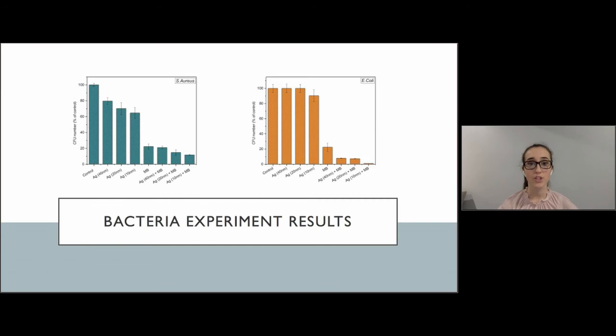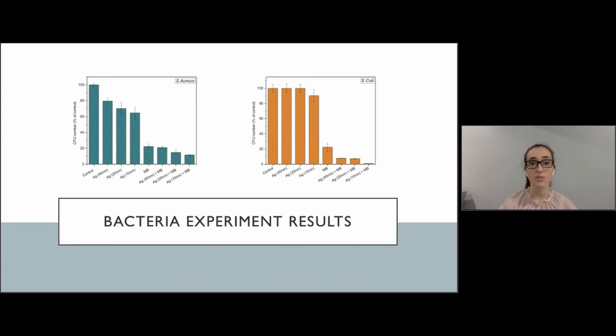It's also important to note that as the size of the nanoparticles decreased, there was an increase in the antimicrobial potential. This may be due to the fact that as you decrease the size of the nanoparticles, their surface area to volume ratio increases, so they have a stronger ability to attach onto the cell membrane of different bacterial cells.